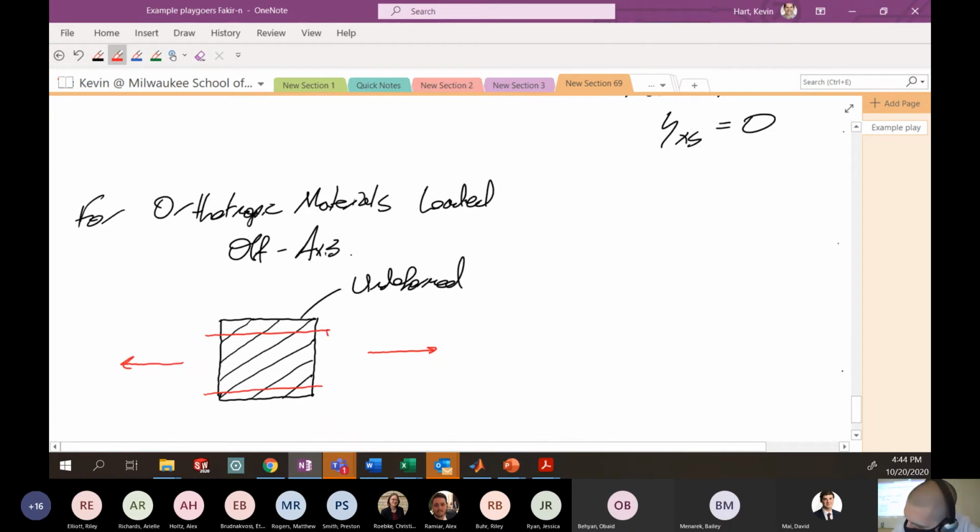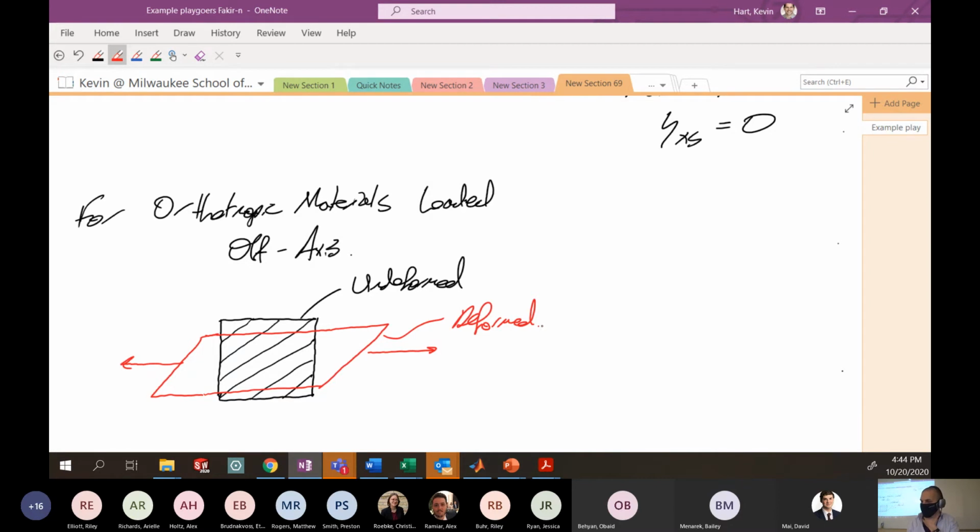But now you might get something that looks a little bit more like this. And I'm going to really exaggerate this. Yeah, that's right. And so just by pulling on this longitudinally, it's going to have this shear effect that happens.